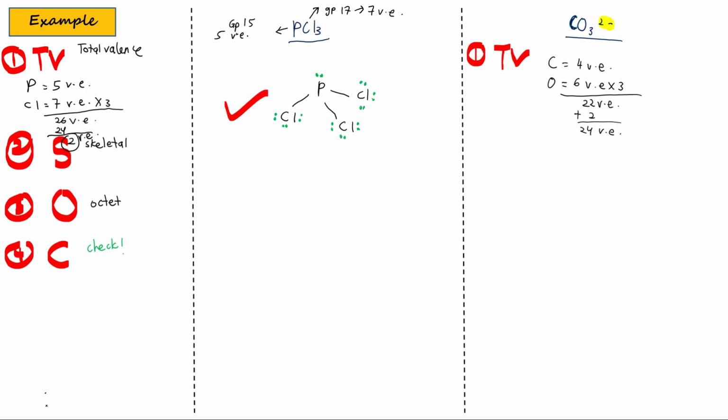Next, we move on to the next step, which is S. S means draw the skeleton. Between carbon and oxygen, carbon is in group 14, while oxygen is in group 16. So carbon is located on the far left of the periodic table compared to oxygen. So carbon is going to be the central atom.